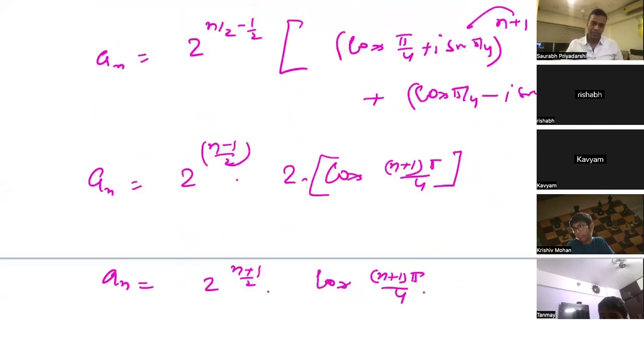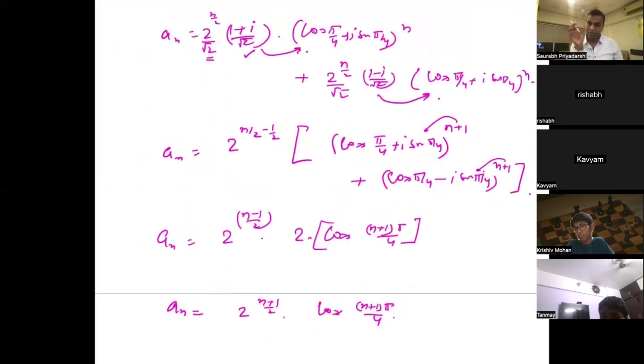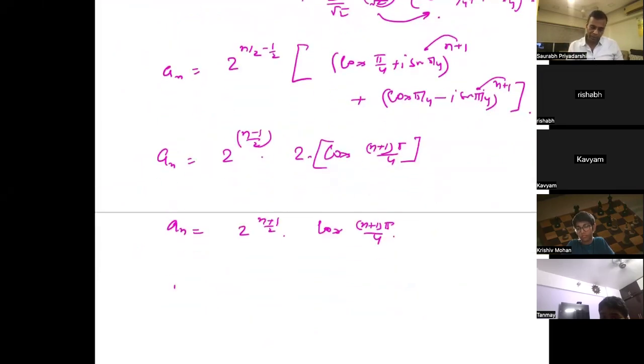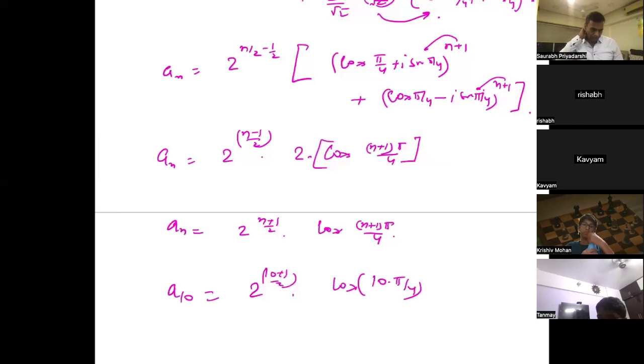So ultimately, we are getting the answer in the simplest form. When I have to find a_10, we only have to write 2 to the power (10 minus 1) by 2 into cos of 11 pi by 4... Right, 10 pi by 4 is nothing but 5 pi by 2. And what is the value of cos pi by 2? 0.